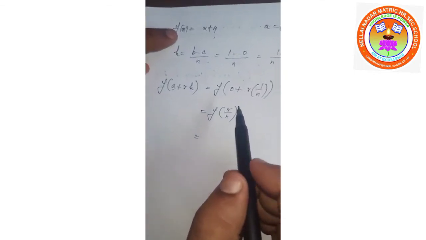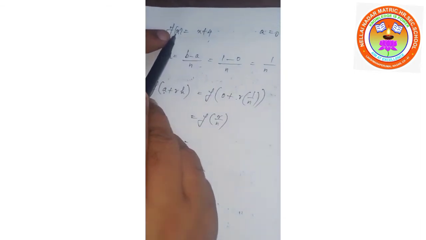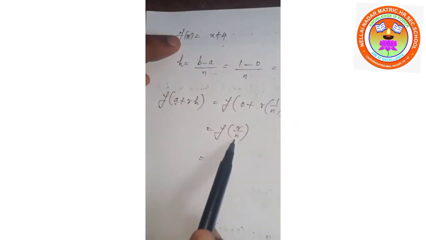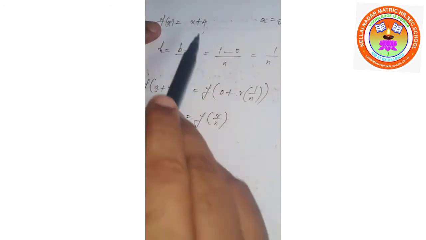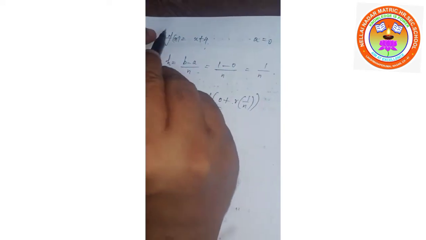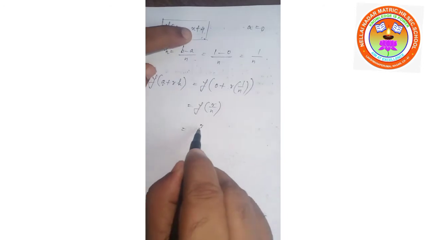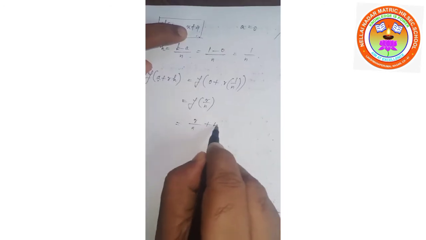Look at that. Here f of x is equal to x plus 4. Instead of x, what is here? R by n. So replace x by r by n. That is r by n plus 4.